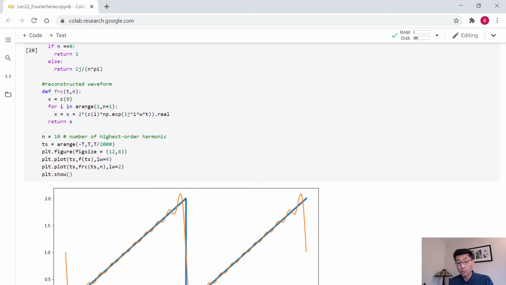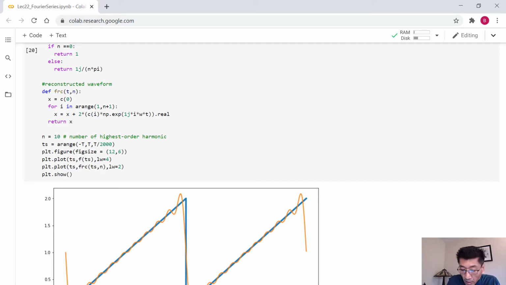Now I'm reconstructing the waveform using the complex Fourier coefficients. So I'm adding all these components. Now I need to add from negative n to positive n, right? And if you look at the Cn and the C negative n, they are conjugate to each other. And also e to the j n omega t and e to the minus j n omega t, they're also conjugated to each other.